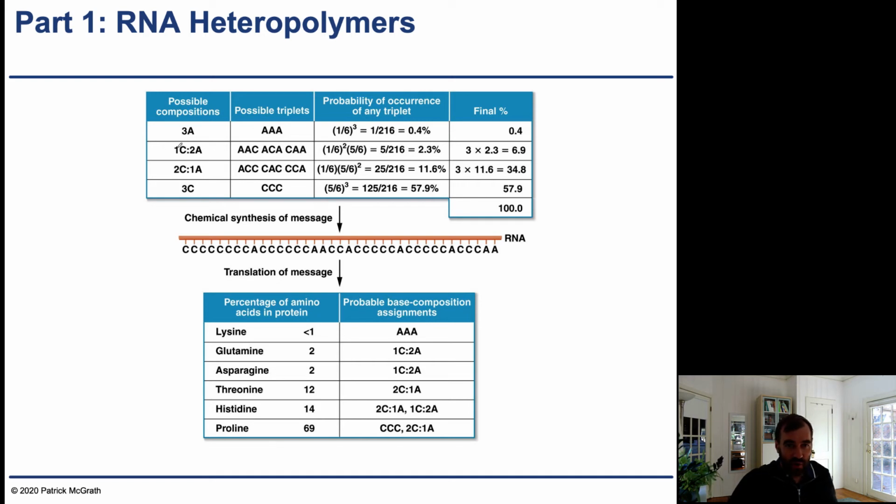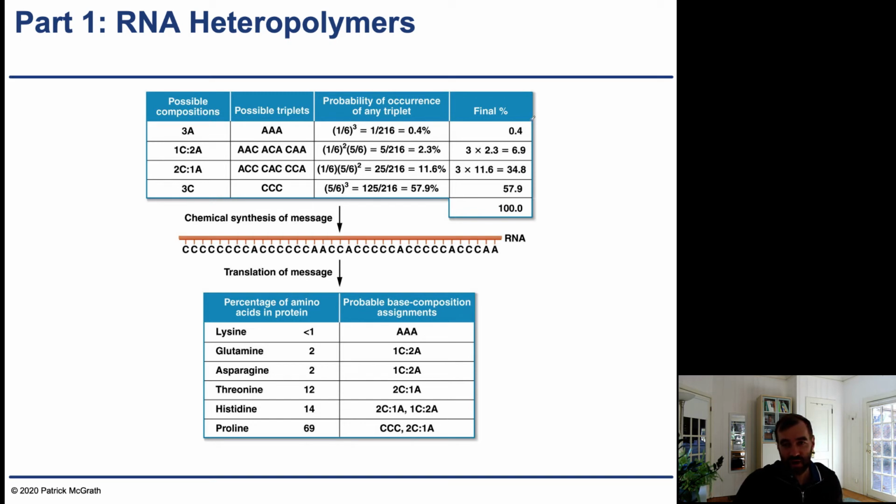In all 3 of these situations, you have 1 C to 2 A's. And then in this case, you have 2 C's to 1 A. And so the possible triplets for that are ACC, CAC, and CCA. So you can use simple probability rules to predict how often each of those triplets would form. Because 1/6 of the mix is A's, if you want to calculate the probability of 3 A's in a row, it would just be 1/6 to the third power.